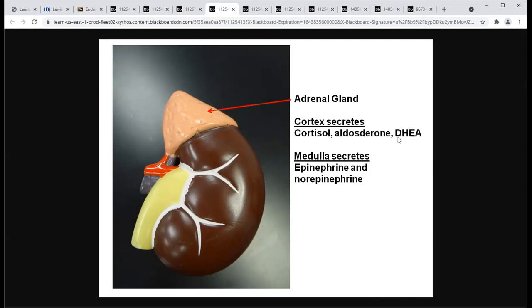But in females, this hormone DHEA can be a source of increased sex drive or libido and other masculine appearances of the body. So DHEA is more important for female reproductive biology than for male reproductive biology.